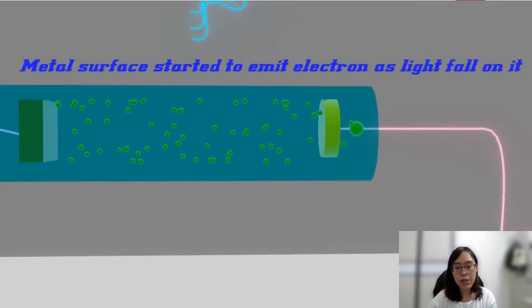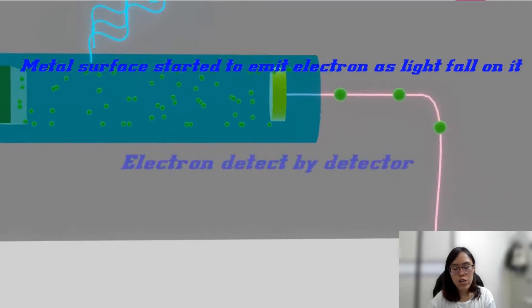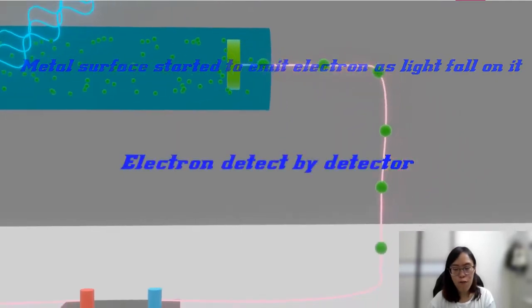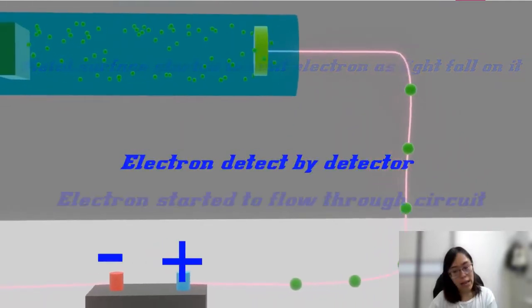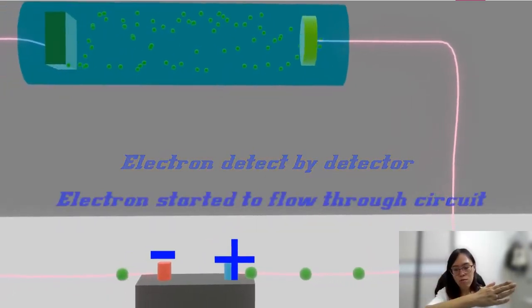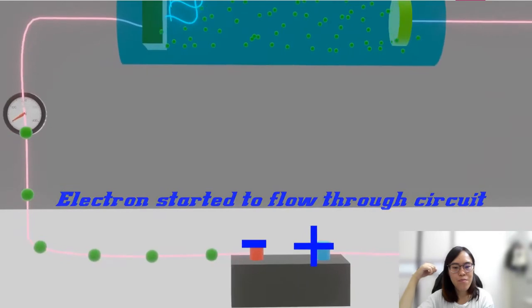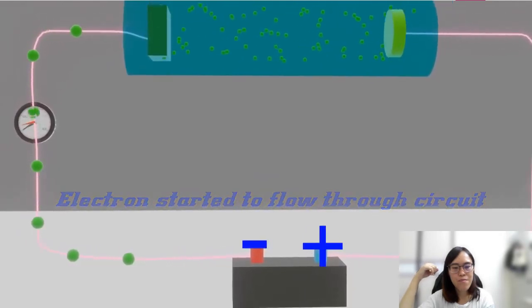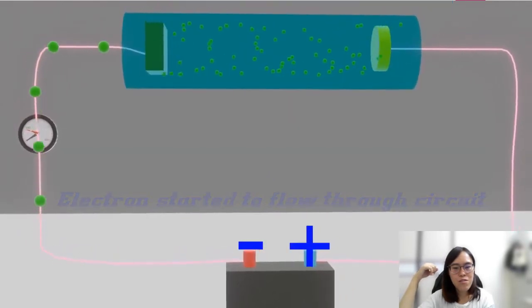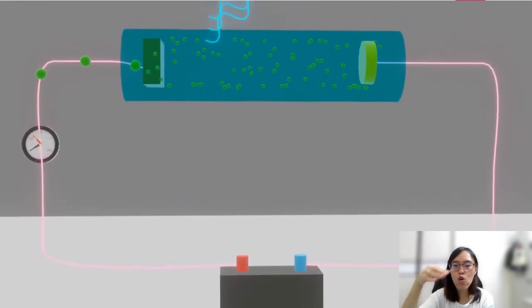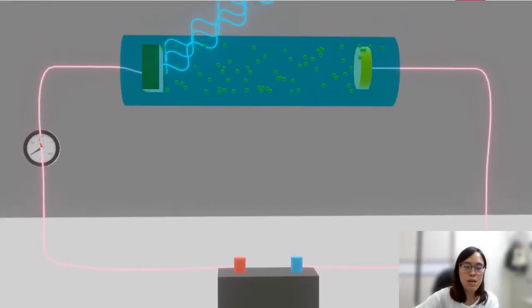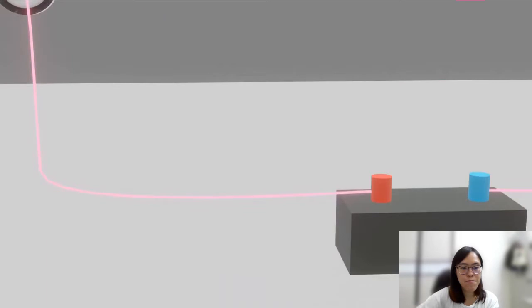This is the photoelectric effect. The electrons flow from the cathode, so it forms a complete circuit, and the sensitive emitter will show a reading.